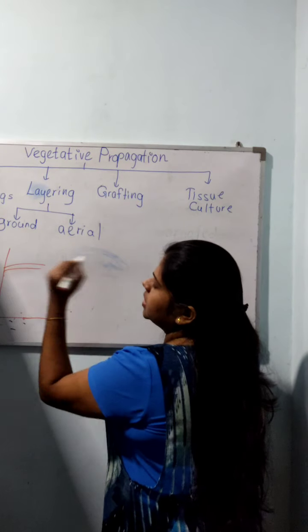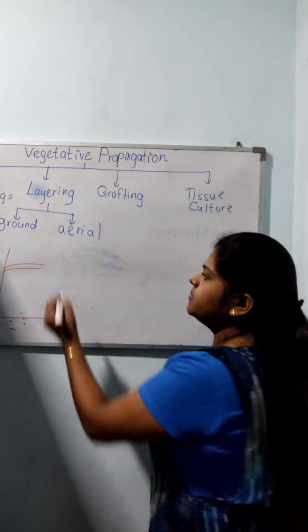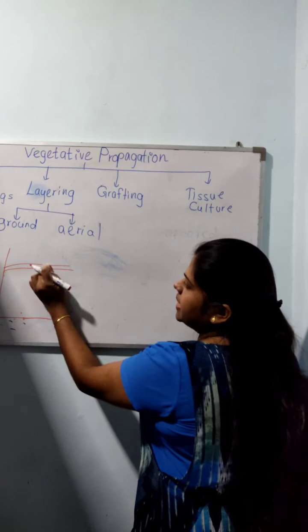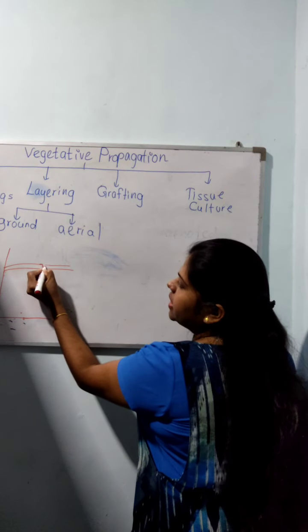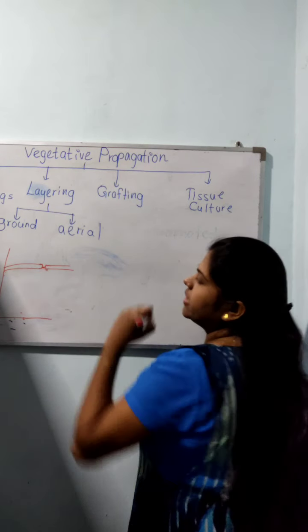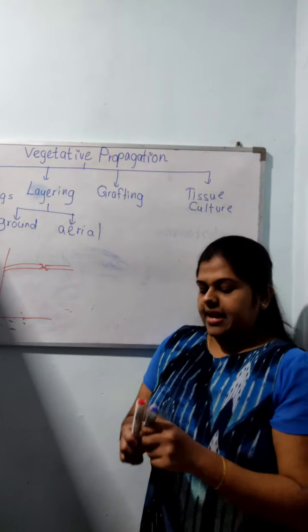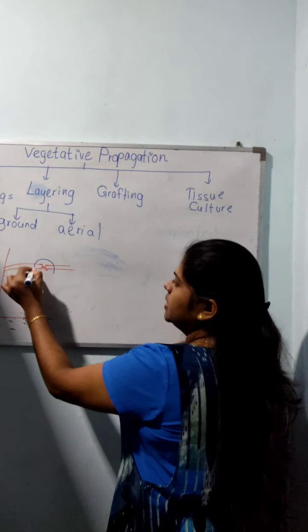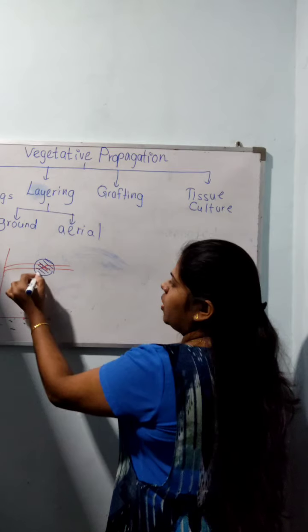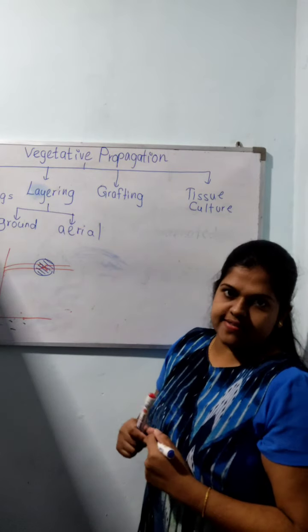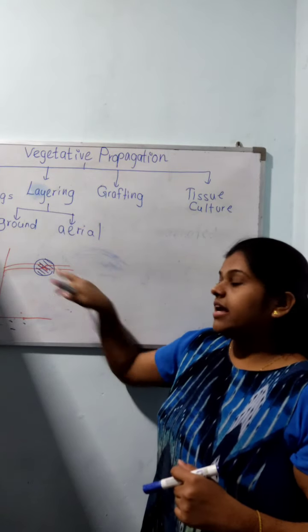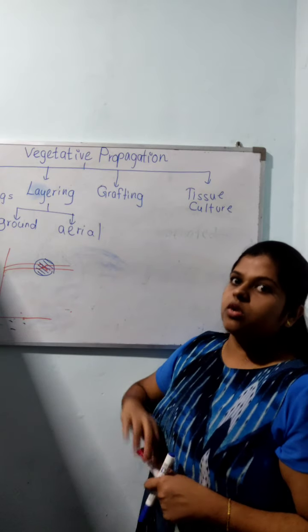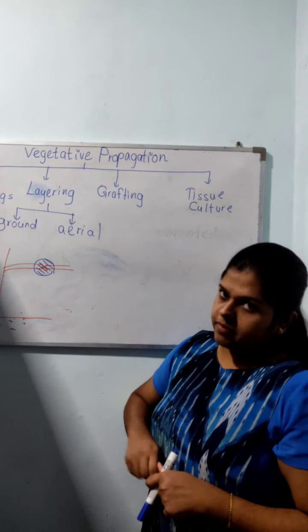What you can do is remove a ring of the bark. We remove the ring of bark and keep a compost and soil layer on this place. We cover the ring where I removed the bark using a compost and soil mixture.